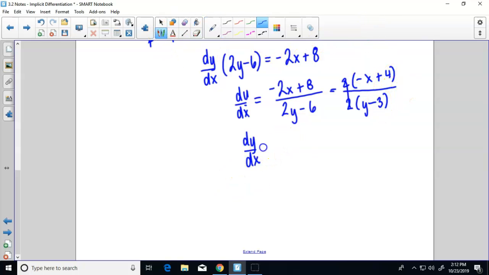So you'll end up with, I just like to write that as 4 minus x, just so the negative's not out there by itself out front, but you don't have to necessarily, over y minus 3. So that would give you your derivative at any point. Questions?